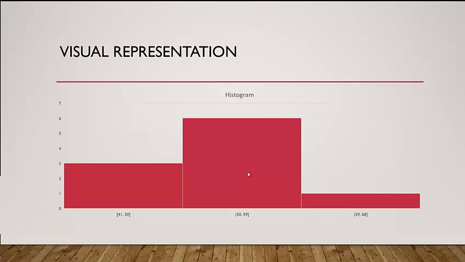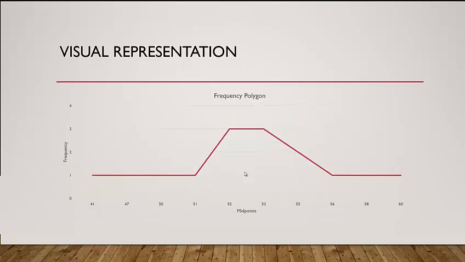But what you see is a histogram, and we get a clear indication from looking at this that most of our speeds were recorded in the 50 miles an hour range. A frequency polygon is telling us the frequency of something happening, whether it was 1, 2, 3, or 4 times. We had nothing at 4.